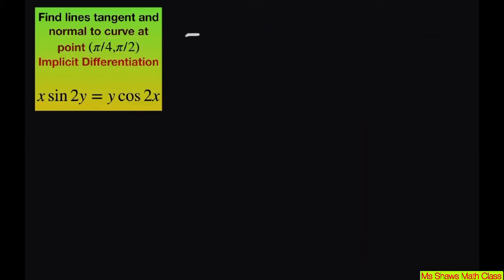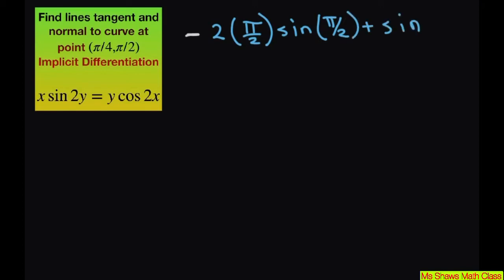So when we get that, let's write everything out. We're going to have 2 times pi divided by 2 times sine of pi divided by 2, plus sine of 2y. That's just going to be sine of pi.